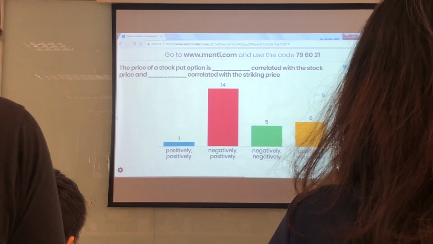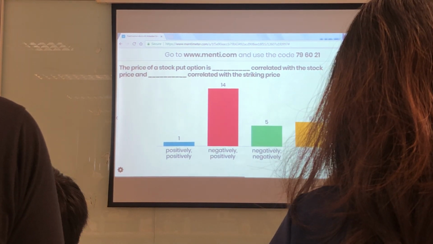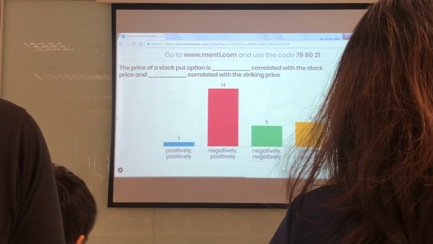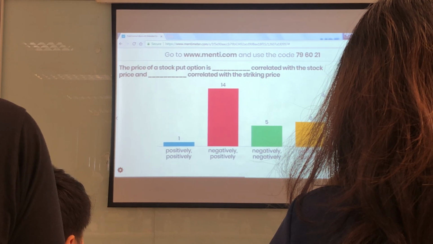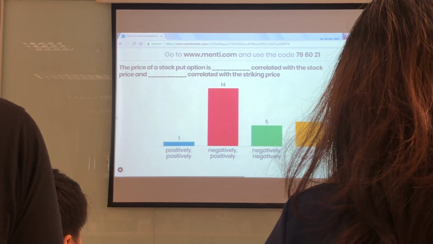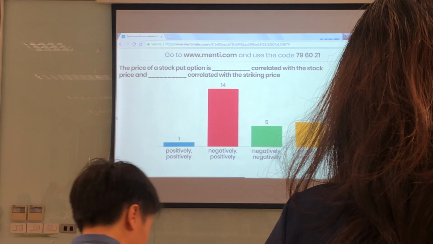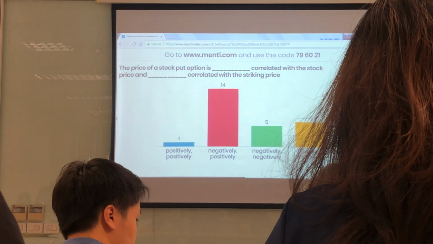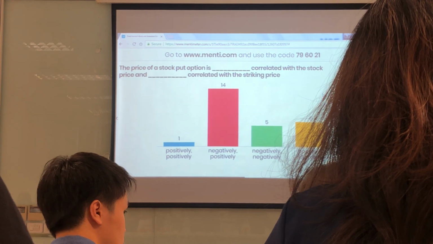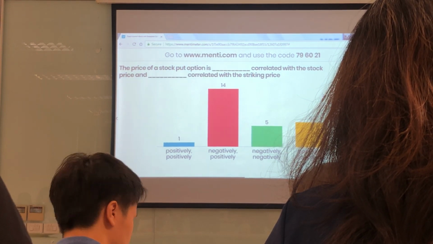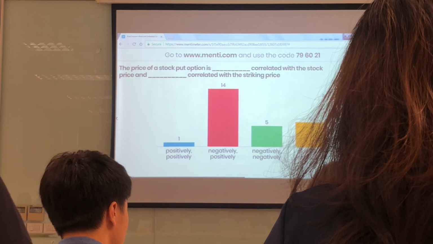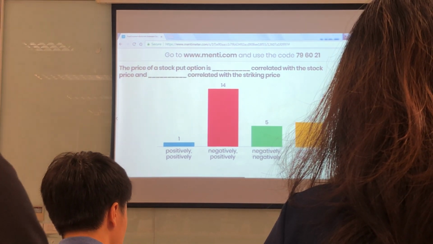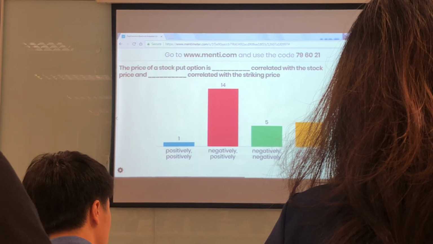For the strike price and the put price, they would have a positive correlation. Because if you were the option writer and you write a put option that gives a very high exercise price, the option writer has the obligation to buy the underlying asset at a very high price.